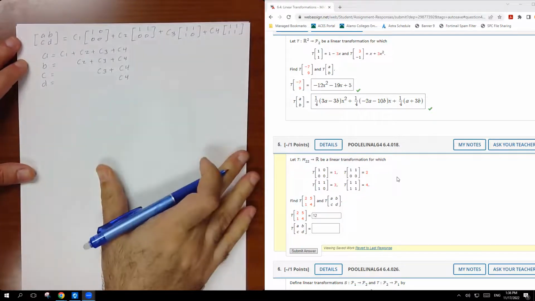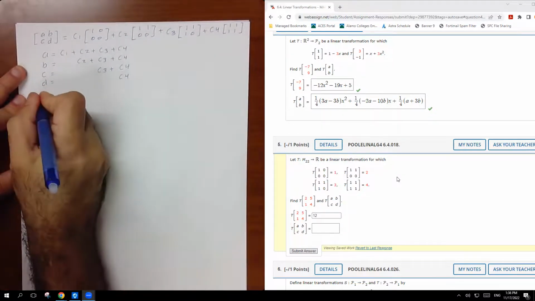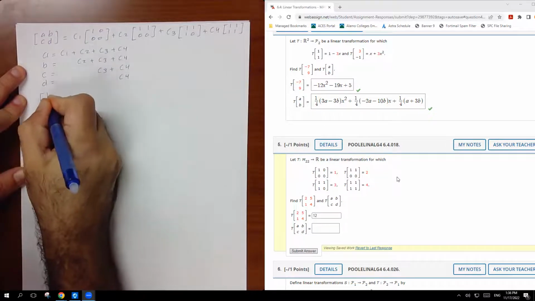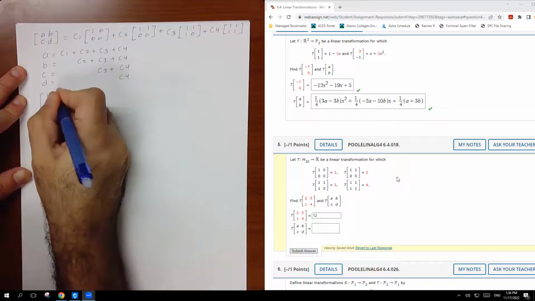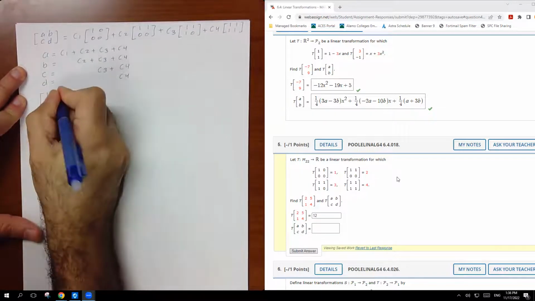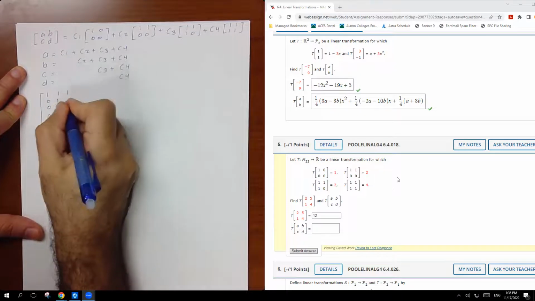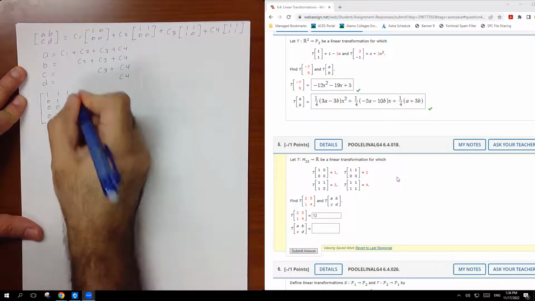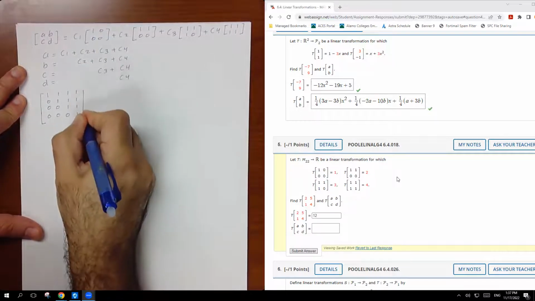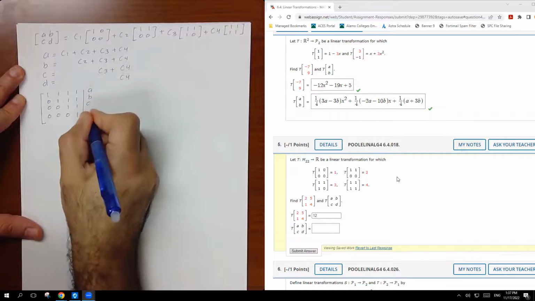I'm going to convert this one to a matrix and do the reduction. So the matrix is going to be 1, 0, 0, 0, then 1, 1, 0, 0, then 1, 1, 1, 0, and all ones. And here is going to be A, B, C, and D.